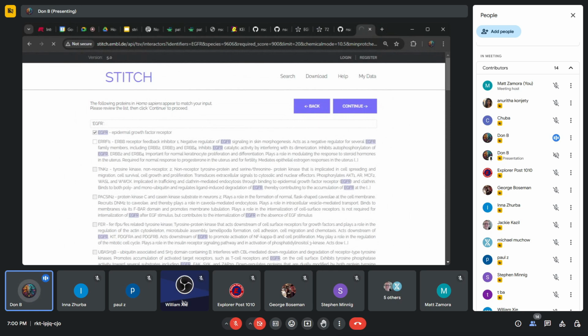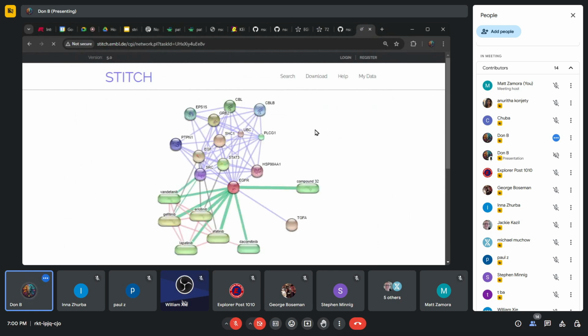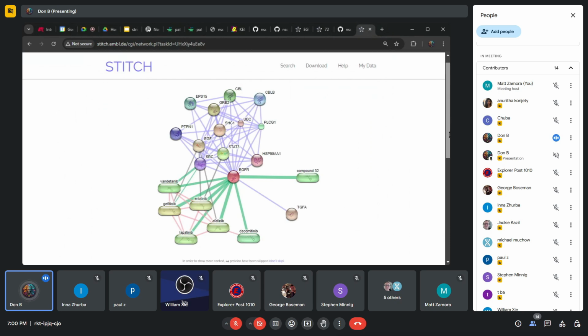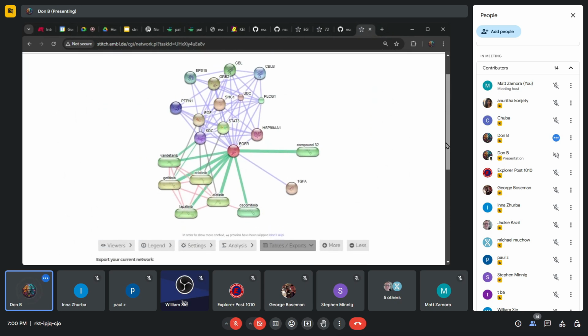So EGFR, it's going to come up, and based on specific medications, and again, this is stuff that's vetted based on papers, what are the effective compounds that address these situations?